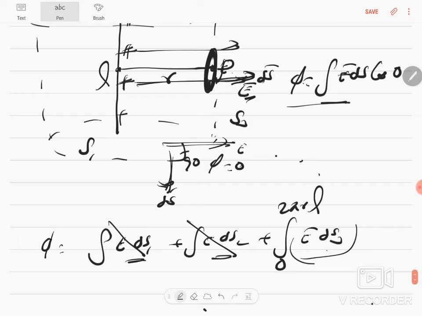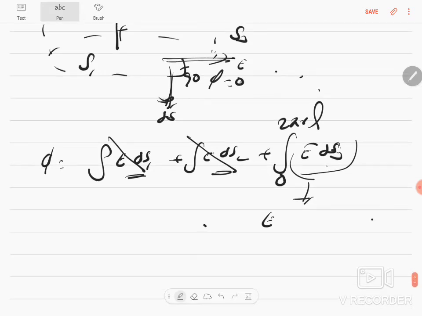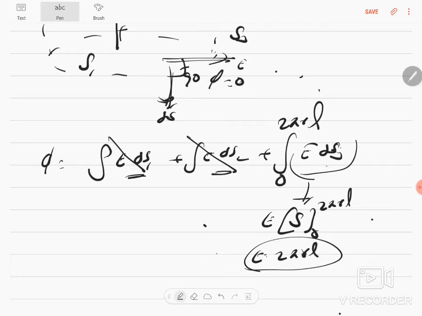You know line charge density is q by l, so therefore 2 pi r l. So this is ds3 because it is the curved surface area. When you integrate this, it will become E into the integral of ds, which becomes s, integrated from 0 to 2 pi r l, so you write upper limit minus lower limit, 2 pi r l. This will be the flux.